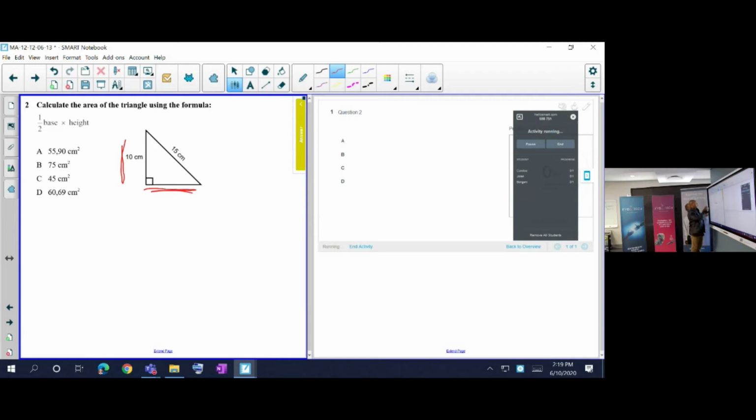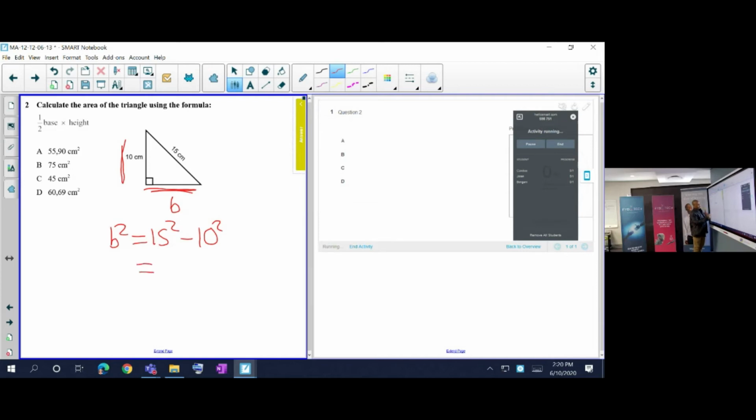So let's check that one out very quickly. If I call this side B, for example, you can call it anything else, but B for base, I can say B squared is equal to 15 squared minus 10 squared, which dates back to your Pythagoras theorem, where the hypotenuse is subtracting the other side squared.